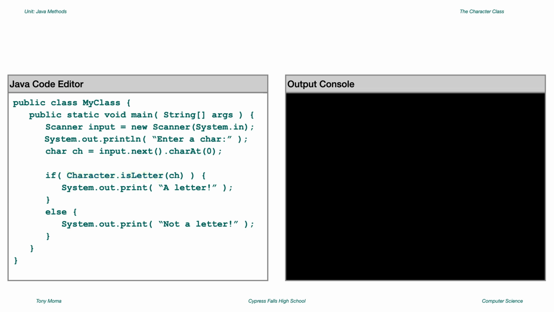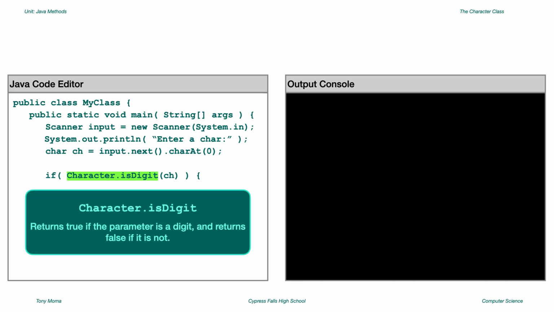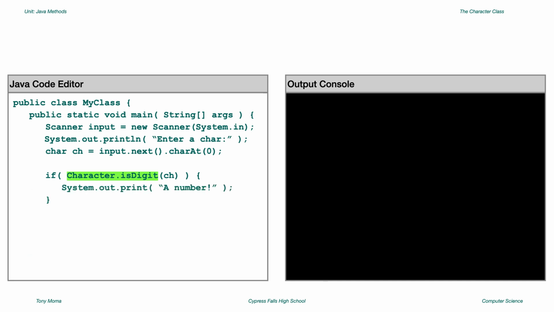Now suppose I want to be able to determine if what the user entered is a digit or not. Well, in this case, I would use the Character.isDigit method, which returns true if the parameter is a digit and returns false if it is not. So let's say I run this to output a number if Character.isDigit returns true, and not a number if it is not, if it's false.